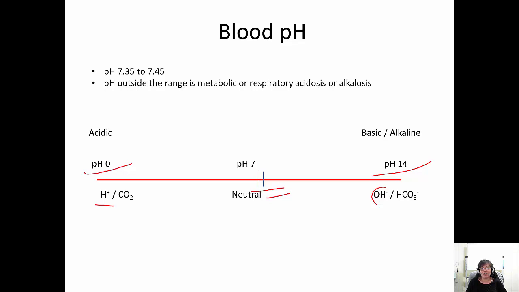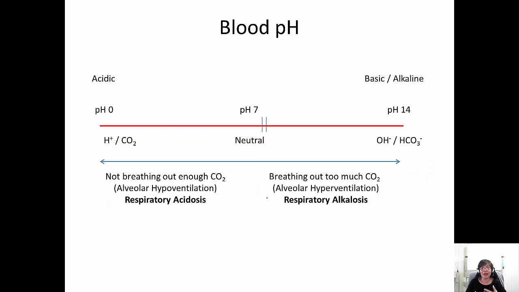The way our bodies keep that within that range is through two processes, either through the metabolism or through the respiratory system. With the respiratory system, carbon dioxide is directly linked to hydrogen, so the more carbon dioxide you have in your system, the more hydrogen you're going to have in your blood.